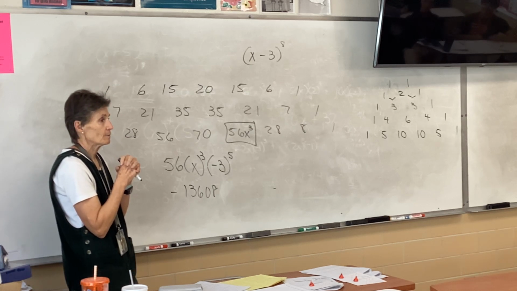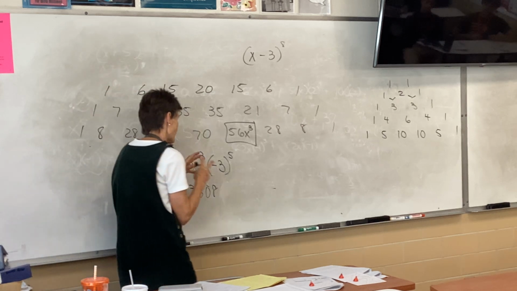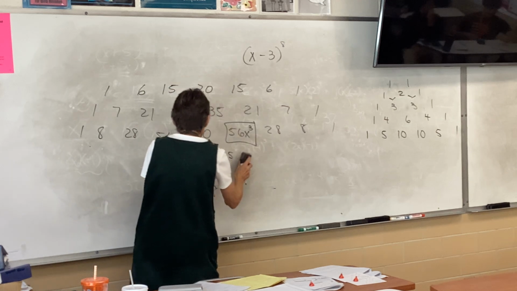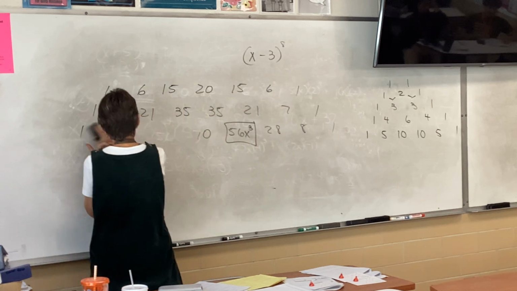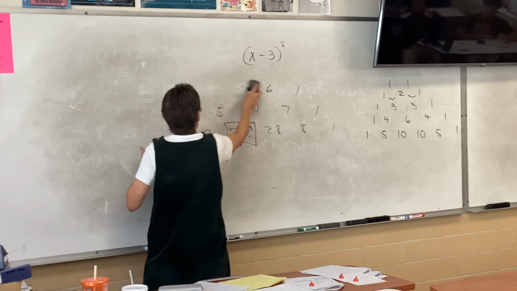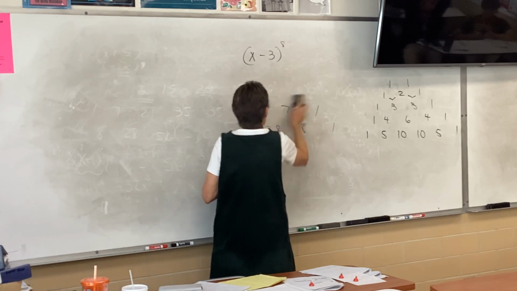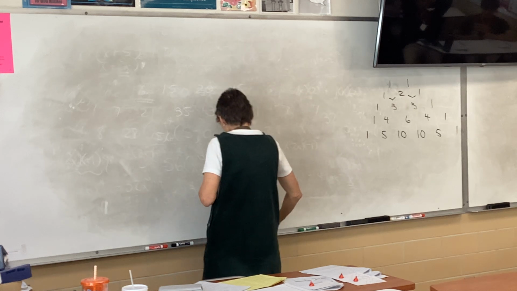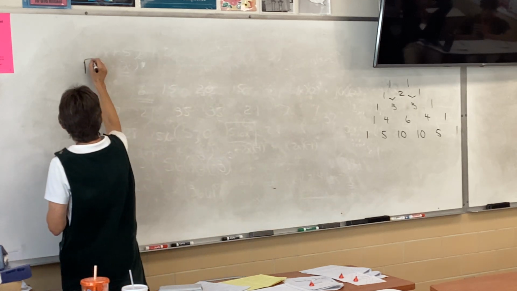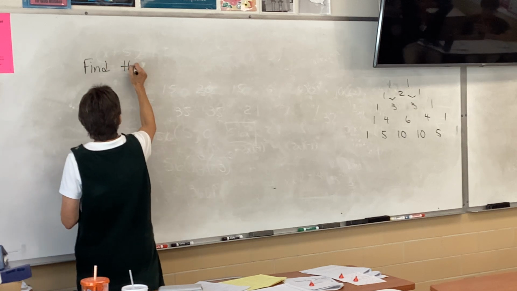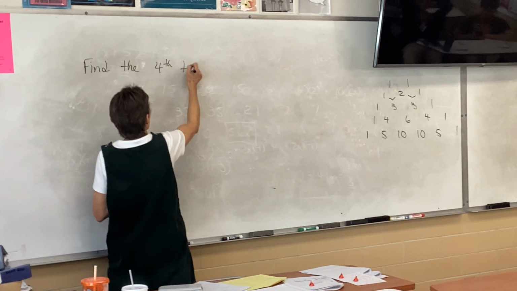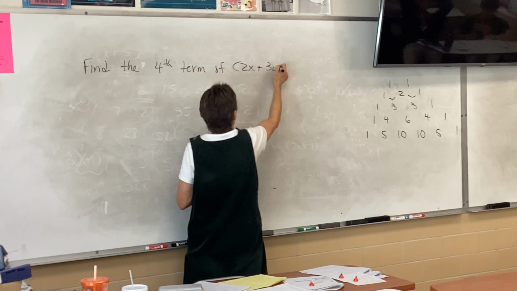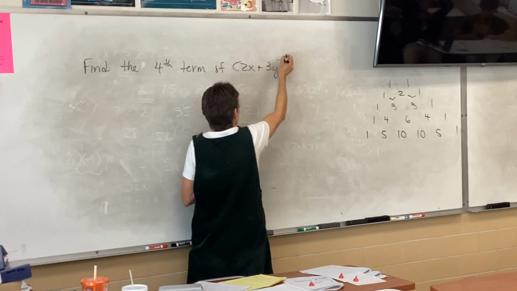Now, suppose, this is not on your sheet, but we need to know this. Suppose that we had a problem just like that, but instead of being x minus 3 to the 8, let's suppose we had to find the fourth term of 2x plus 3y to the 7th.